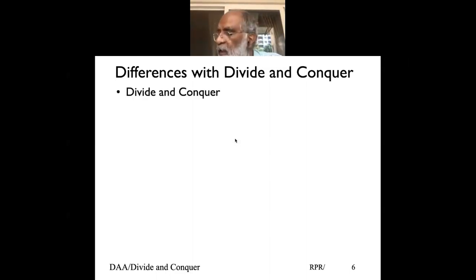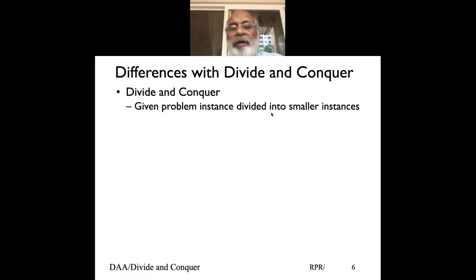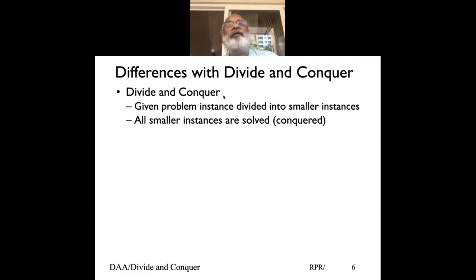In divide and conquer, a given problem is always divided into smaller parts, and we always solve all the smaller problems. A problem could be divided into 2 parts, 3 parts, 4 parts. Like in Strassen matrix multiplication, we divided into 4 problems: matrix A got divided into A1, A2, A3, A4.